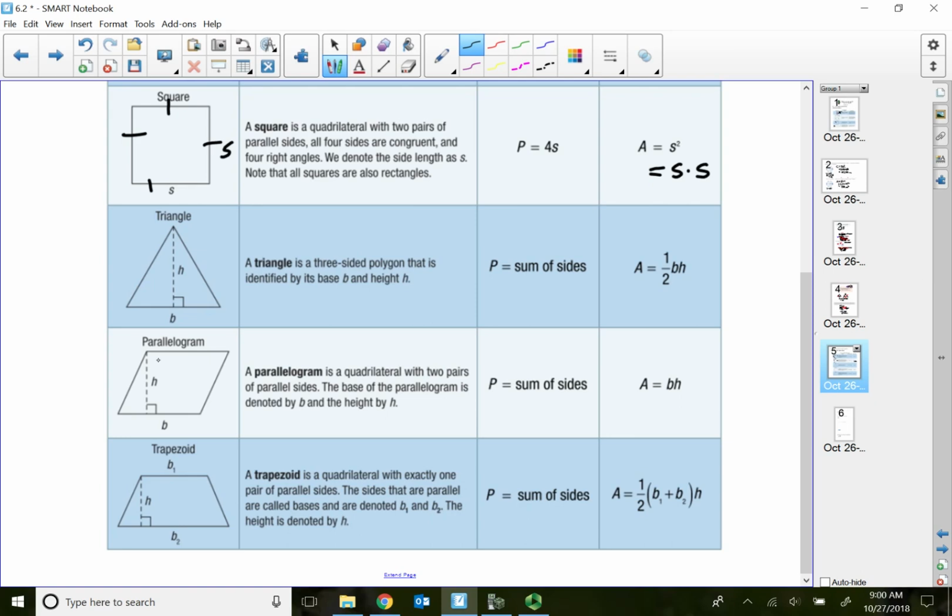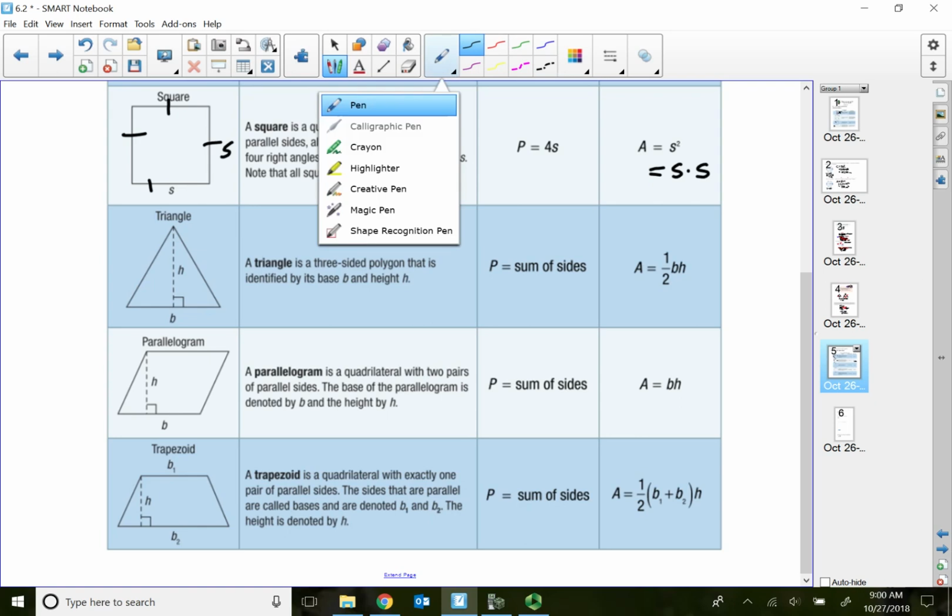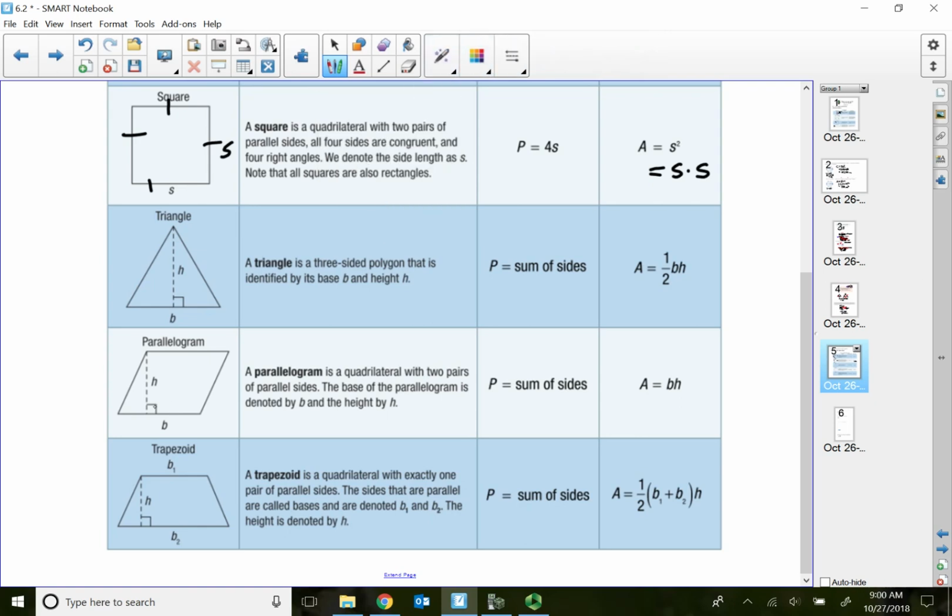So to find the perimeter, I add all 4 sides. To find the area, I just take how long the base is times the height.